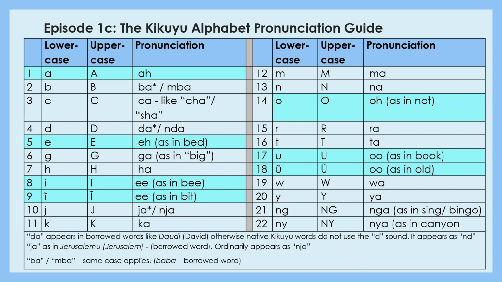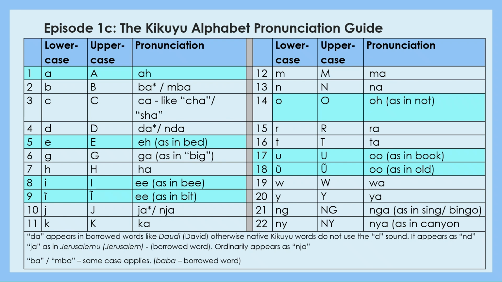And the other one is nya, as in canyon. It's also another two-letter sound. These two special sounds are very common, and they begin some of the most common Kikuyu words, such as nyumba, that is house, nyina for mother, nyama for meat.